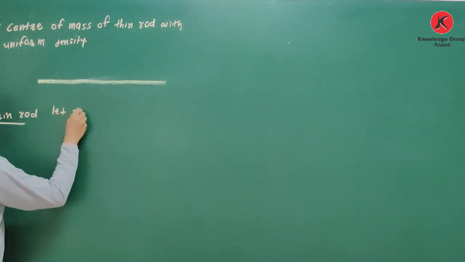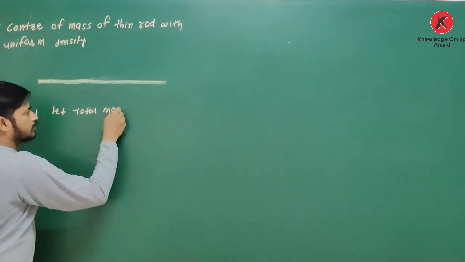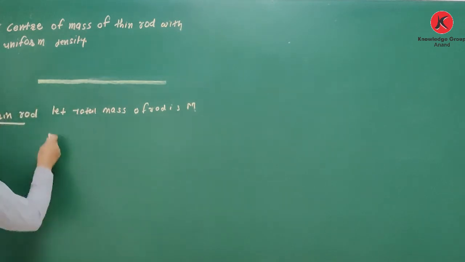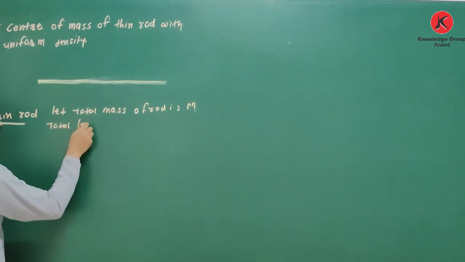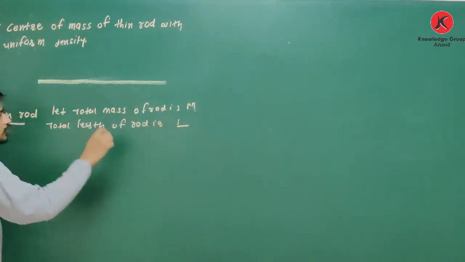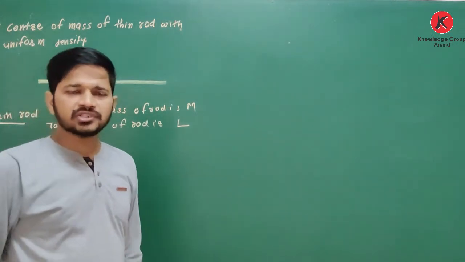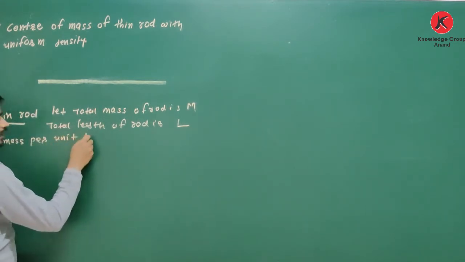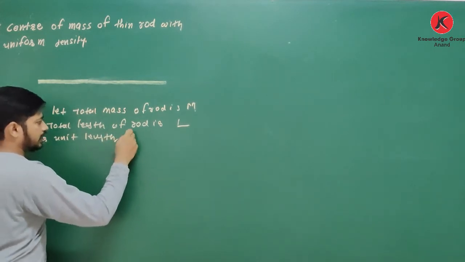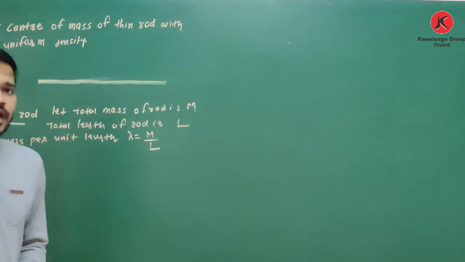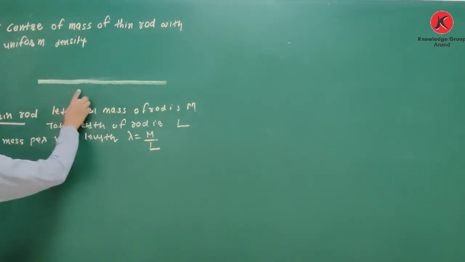Let the total mass of the rod be m, and the total length of the rod be l. Whenever you are given a one-dimensional object, find its mass per unit length. That is, lambda is equal to m upon l. Now you have to find where the center of mass of this rod is.